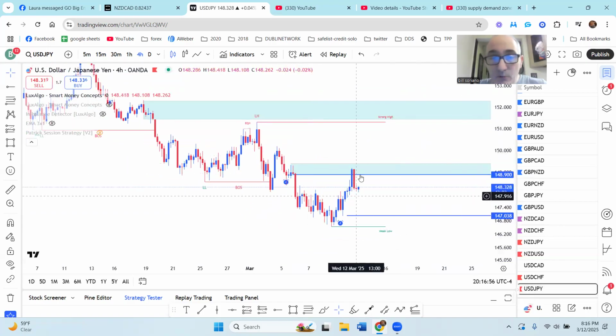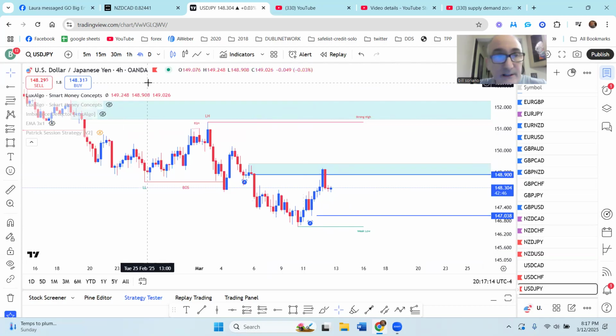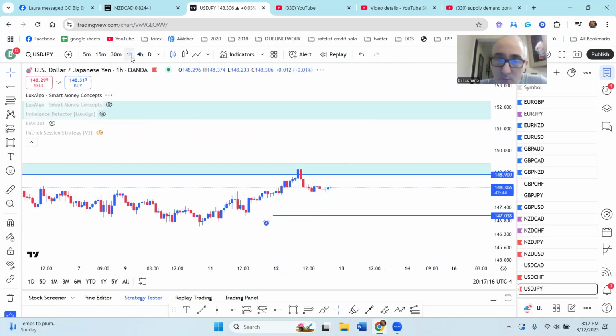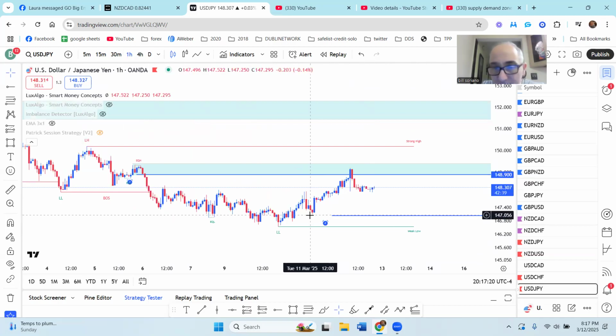Here's USD-JPY, moved into this 4 hour supply zone right here. Price was moving down. We got a clean break of structure. Look at that impulse candle, left all this imbalance. And there's some nice indecision candles there that form this 4 hour supply zone right here. So now when we drop down to the 1 hour, it's just not easy to find where price needs to go all the way down here.